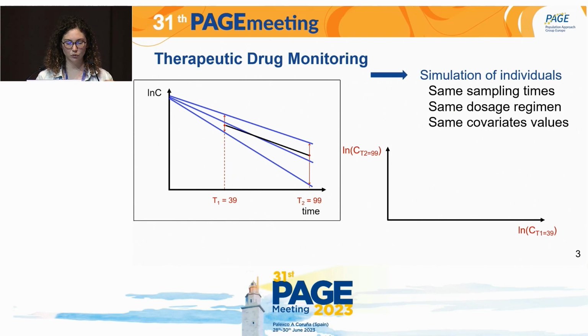To use our method, you have to perform simulations with the tested model, and you have to simulate individuals with the same sampling times, the same dosage regimen, and the same covariate values as the patient. We represent the concentration simulated at the first sampling time on the x-axis, and the concentration simulated at the second sampling time on the y-axis.